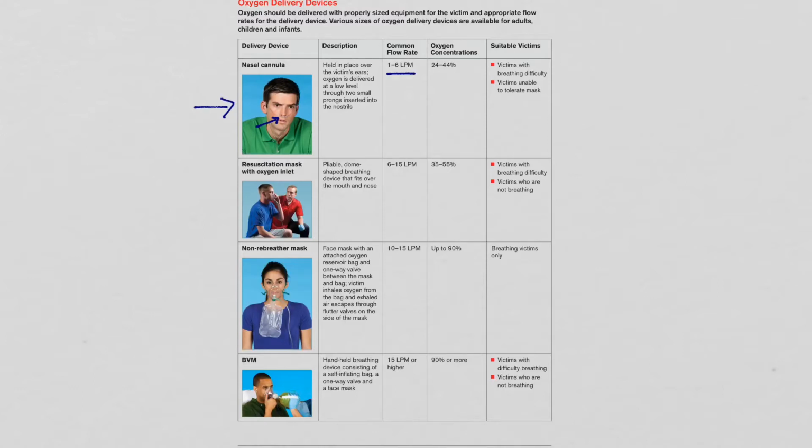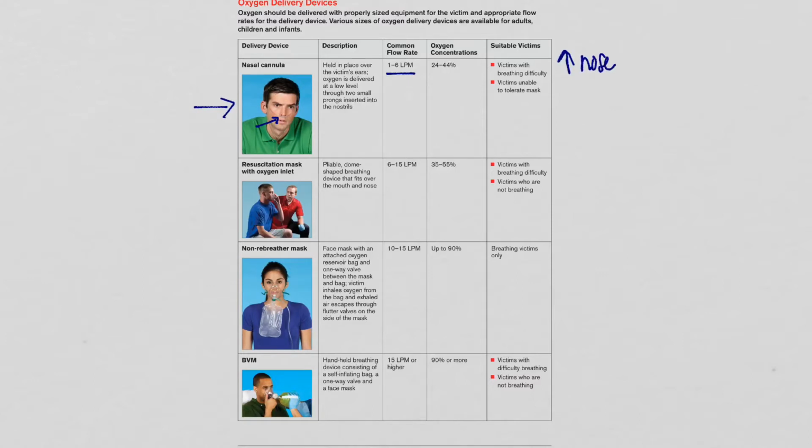So we can already see, like with the fixed flow delivery device, if that delivery device delivers 10 liters per minute or 15 liters per minute, then that automatically does not allow us to use the nasal cannula. One caveat with the nasal cannula in particular is that it increases the risk of nosebleeds.